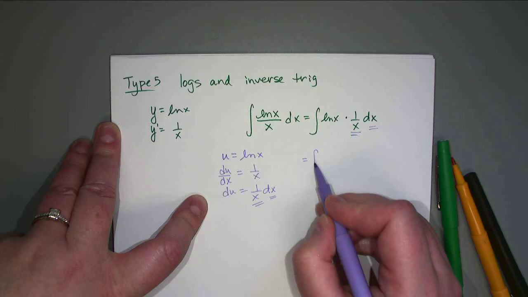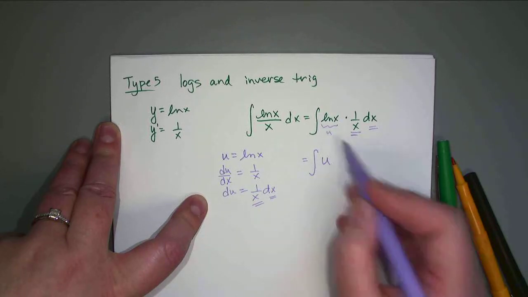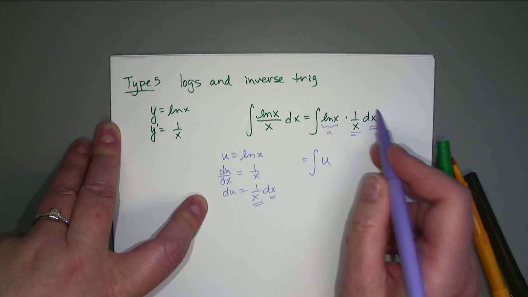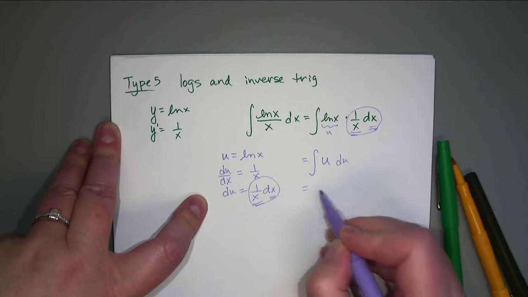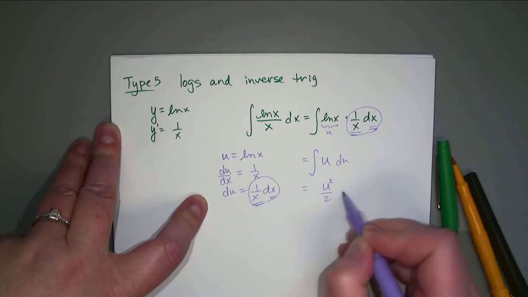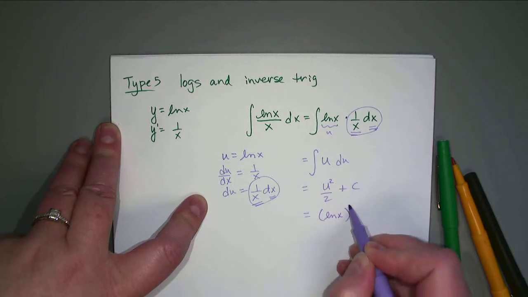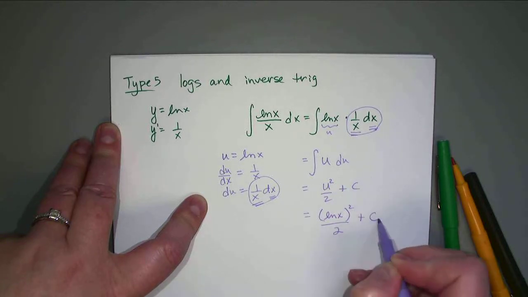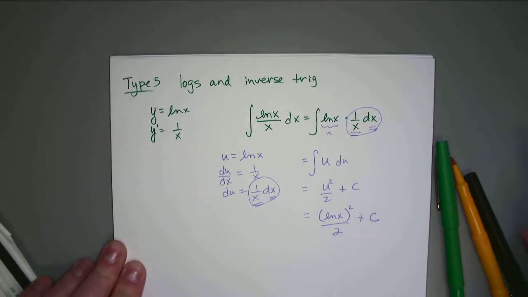So if we rewrite that, we call the ln u, the whole thing, and we drop these off, and in their place, du. So this one would be u squared over 2, ln x squared over 2 plus c. Integral of u is u squared over 2.